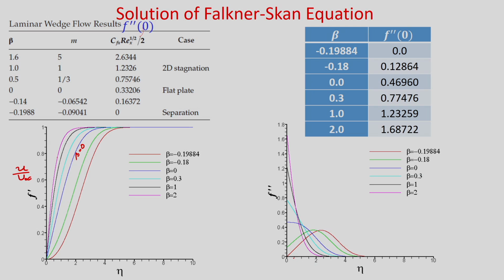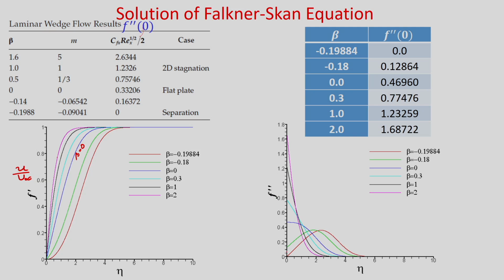Here we have plotted the f double prime, that means del square u by del y square, versus eta. Obviously, outside the boundary layer the shear stress will become 0, because it will have the same free stream velocity u infinity. So, you can see that as eta tends to infinity, this f double prime becomes 0. However, at the surface we will get the maximum value, because maximum shear stress will occur at the surface.